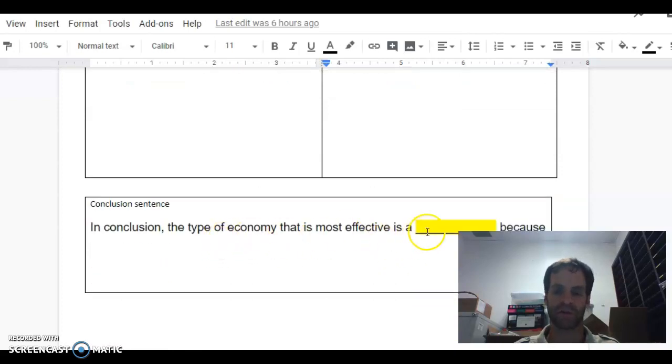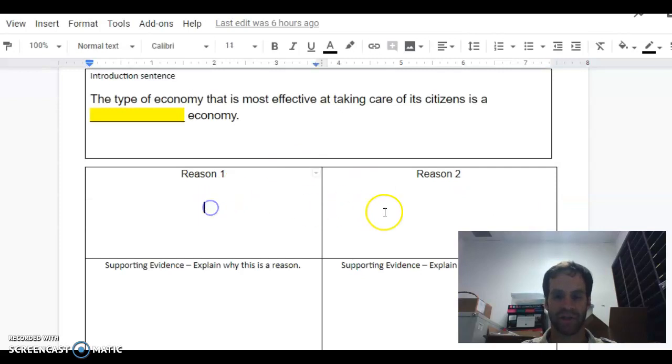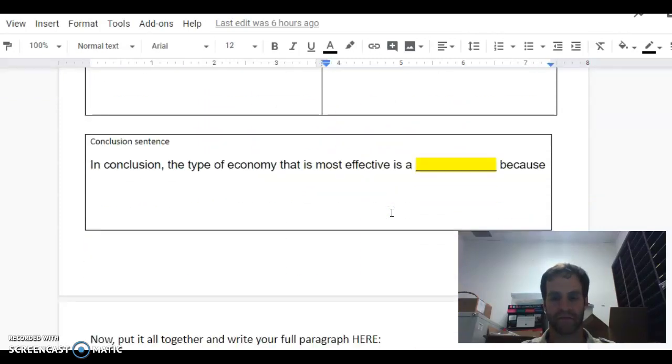Down in the conclusion, don't forget a conclusion. The type of economy that is most effective is a blank economy, tell me again, and then tell me your reasons again. Because, and then restate your reasons.